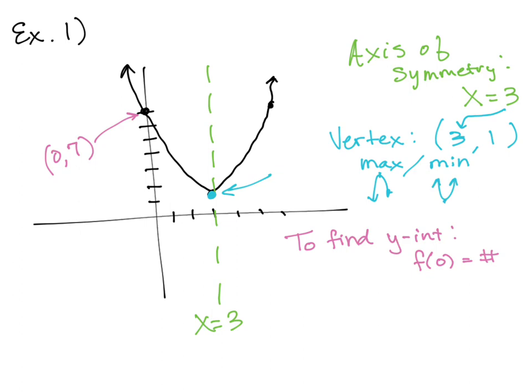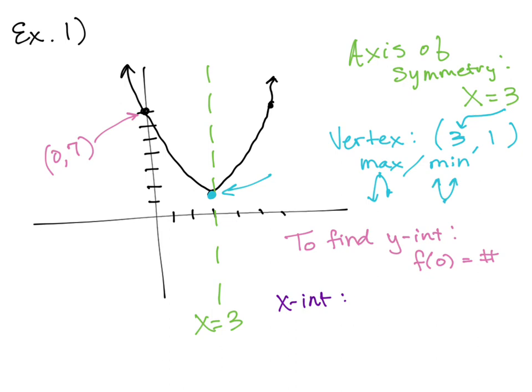There's another facet of this graph that I'm not seeing on this particular picture, but I could have. What am I talking about? X-intercepts. Good. X-intercepts, also known as what? Zeros, roots, solutions. There aren't x-intercepts on this picture, right?